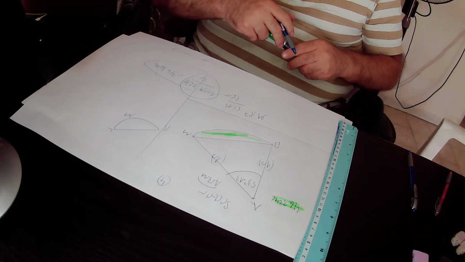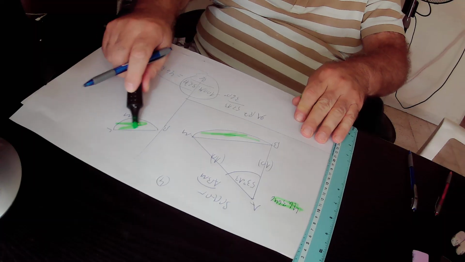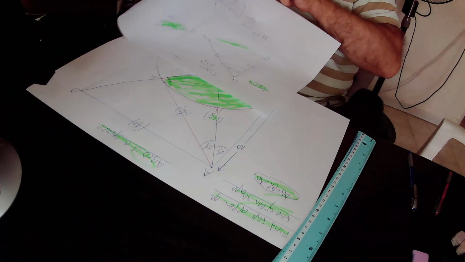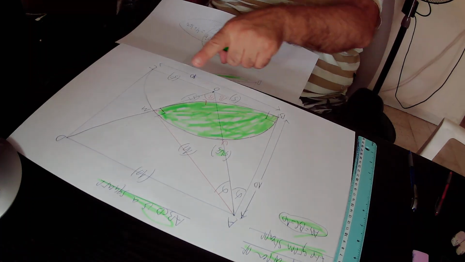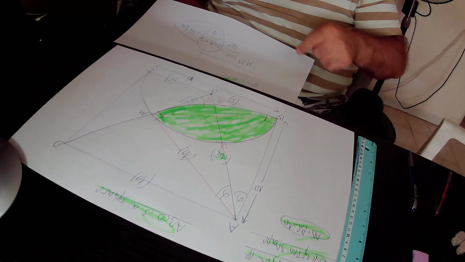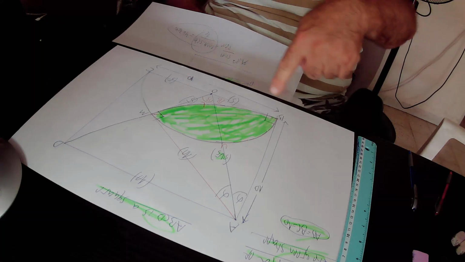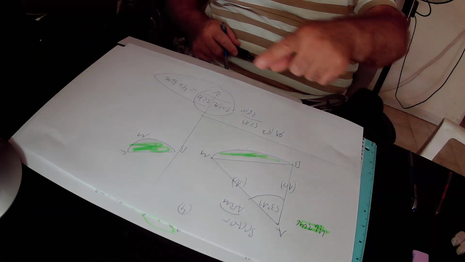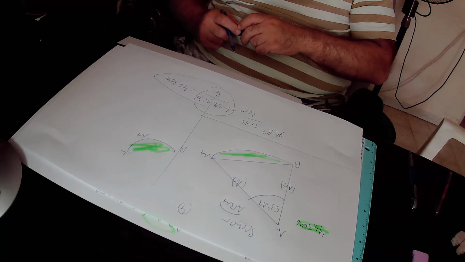This is the lower segment BLM, the same segment BLM from the original drawing. We have to find out the area of the lower segment BLM.